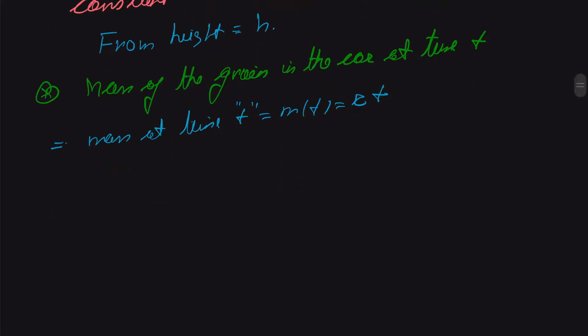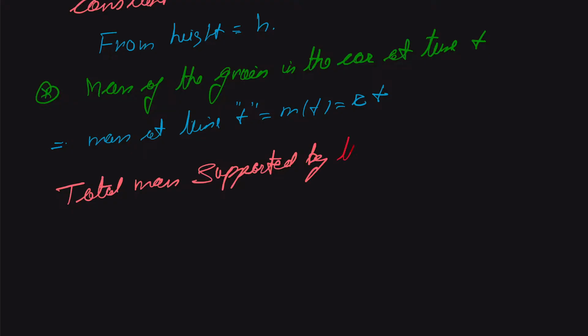It means total mass supported by the rails at time t.